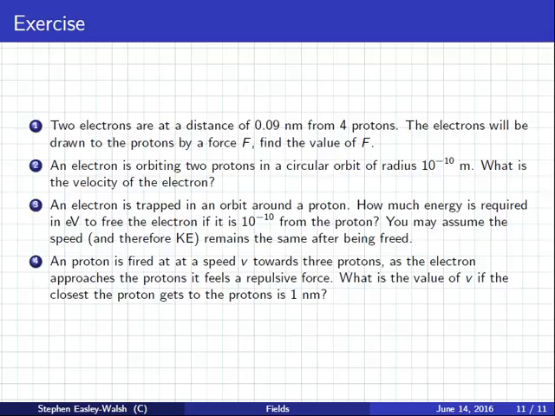From 4 protons. Multiplied by 4. Really? You know for one what counter here.